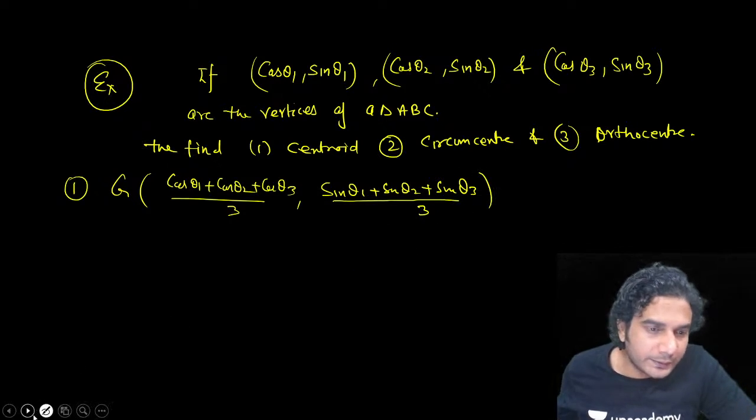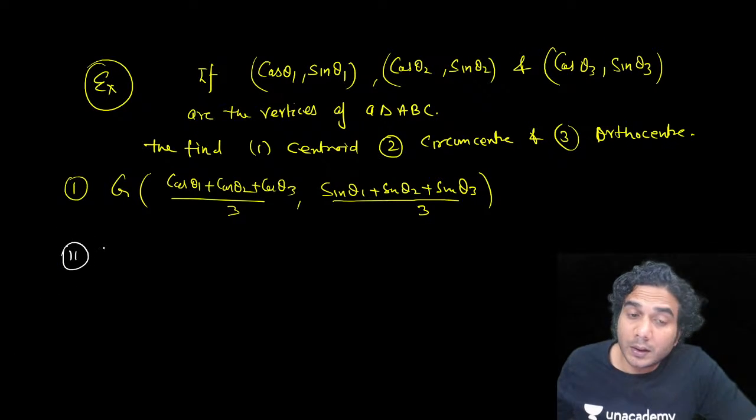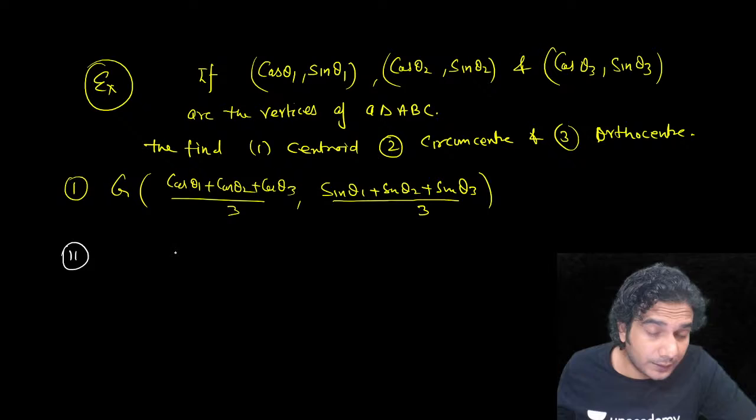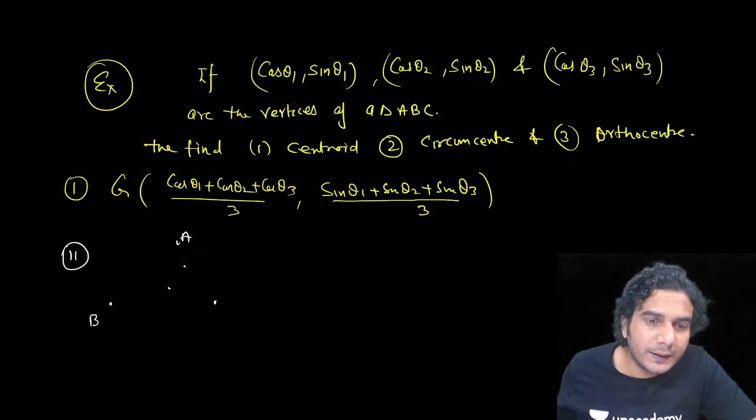Now the second point is very important. The second point is about the circumcenter. So you know that all these points A, B and C are equidistant from the circumcenter. You can see these coordinates are cos theta 1 comma sin theta 1.